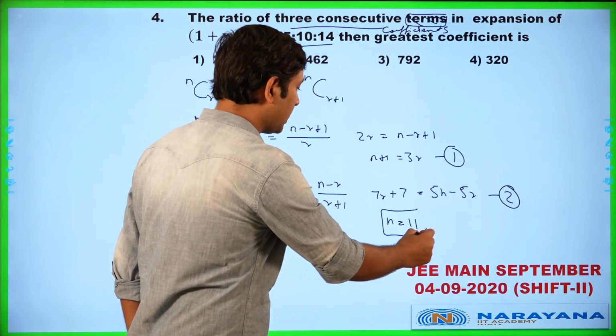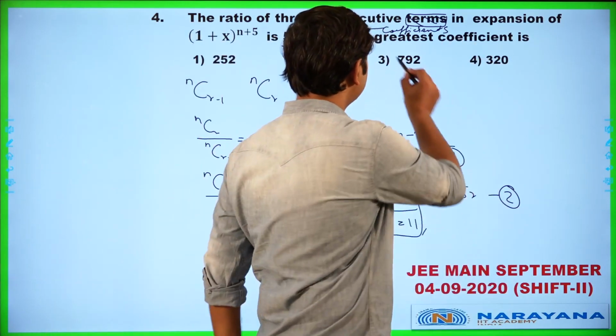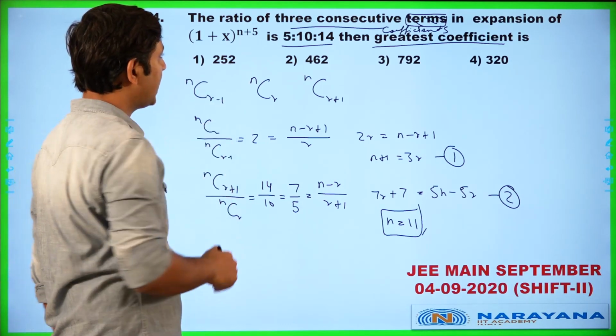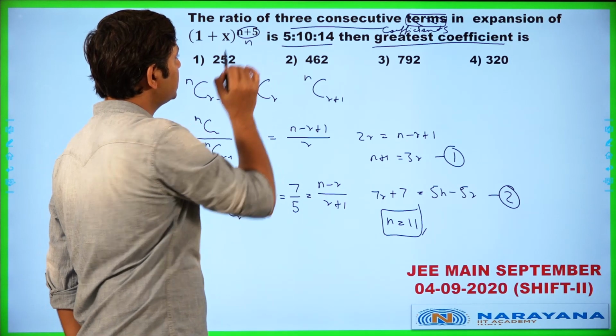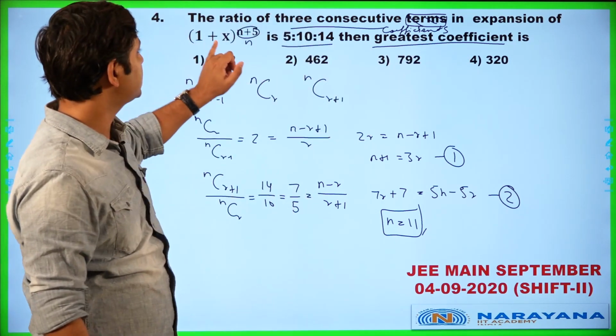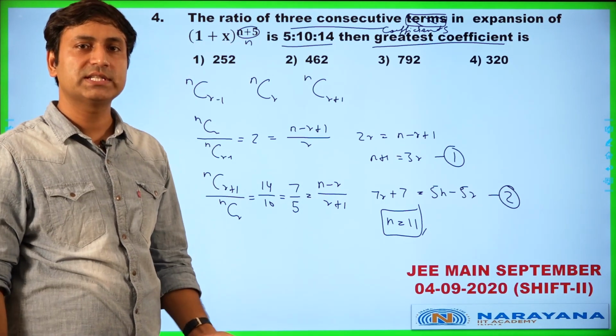Now, since we have got n is equal to 11, we want the greatest coefficient in the expansion of 1 plus x to the power n. Actually, we have taken n in place of n plus 5. The greatest coefficient in the expansion of 1 plus x to the power n will be 11C5 or 11C6.